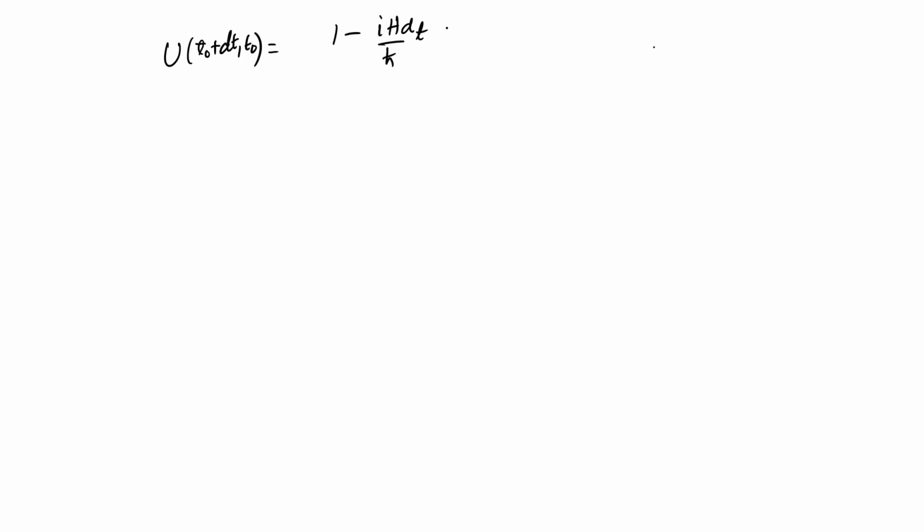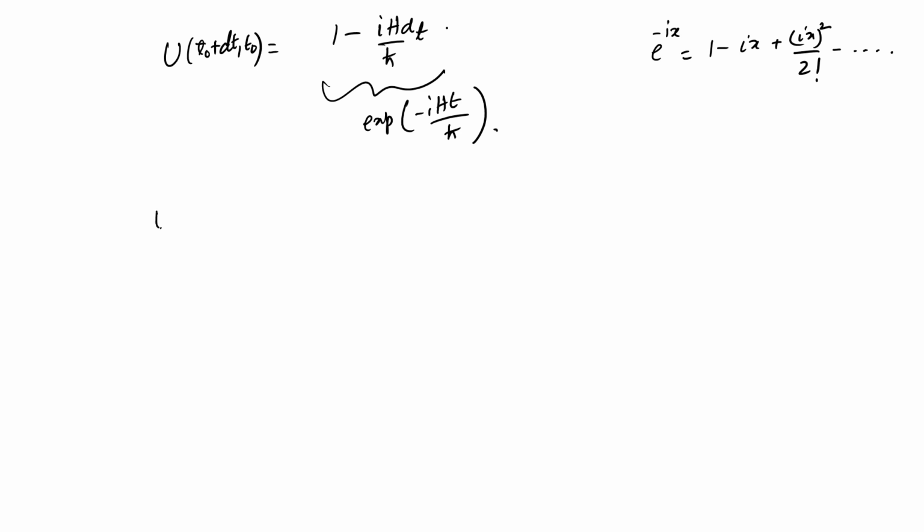Recognize that exponential of minus i x is 1 minus i x plus (i x) whole squared by 2 factorial, and so on. So for large time intervals, this is an exponential of minus i H t by h cross. This is just the expansion of that.